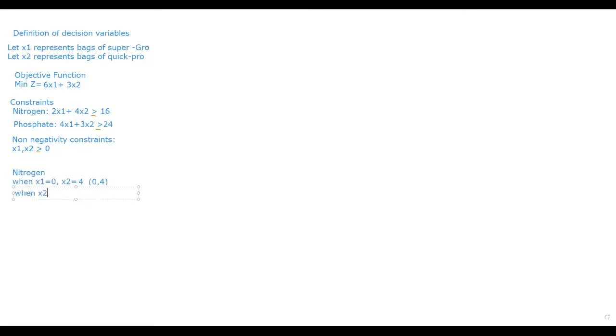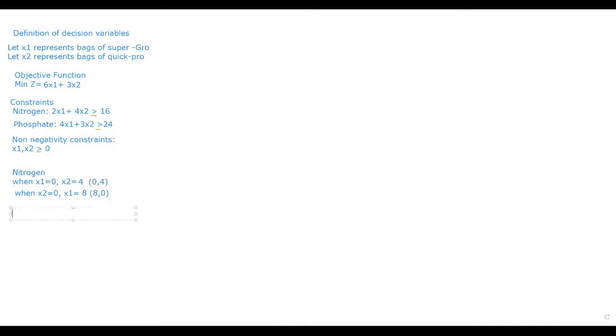When x2 is 0, what is the value of x1? The whole x2 term will be 0, so we are left with 2x1 greater than or equal to 16. Divide both sides by 2, so x1 will be 8. Your point will be 8, 0. So these are the coordinates for nitrogen.